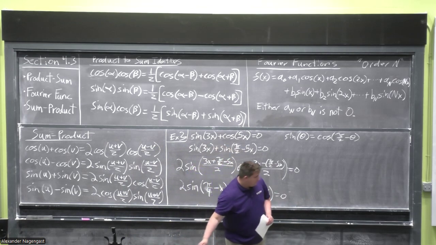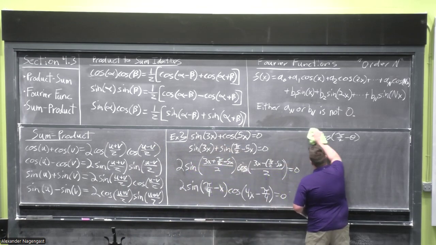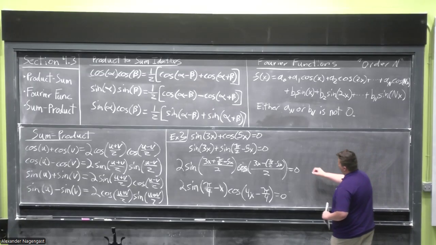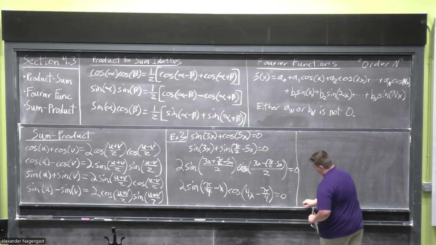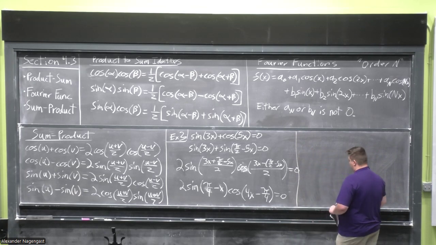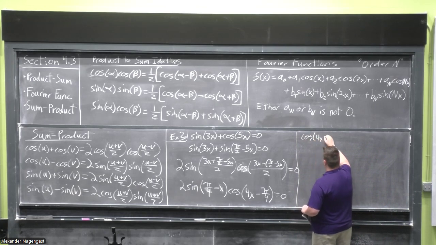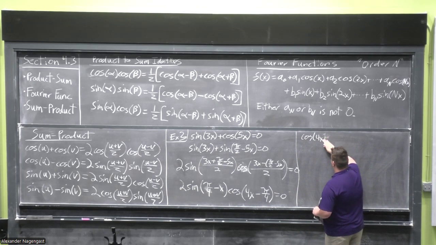So now we will apply the exact same way of trying to find the solution. And that is, we will write down cosine of 4x minus pi over 4 is equal to 0.